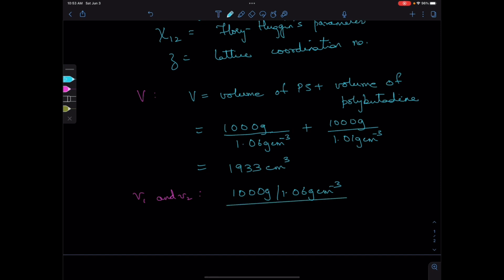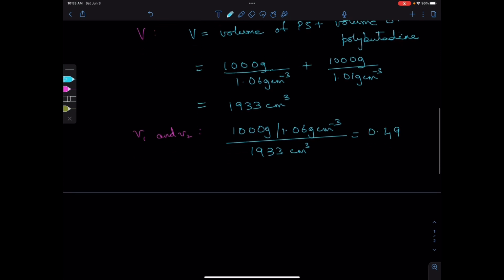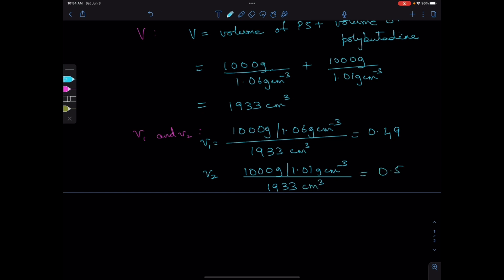That over the total volume of 1933 centimeter cube is the volume fraction of polystyrene, which is 0.49, and for polybutadiene it is 1000 grams over 1.01 grams per centimeter cube for the density, over the total volume of 1933 centimeter cube, which is 0.51.